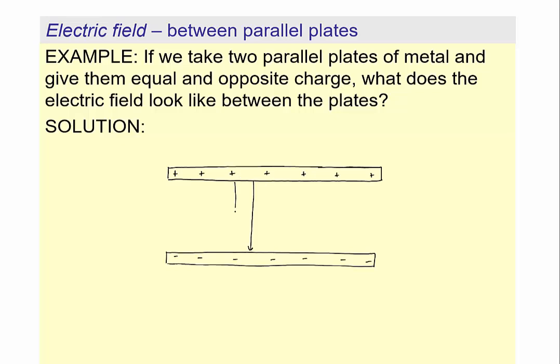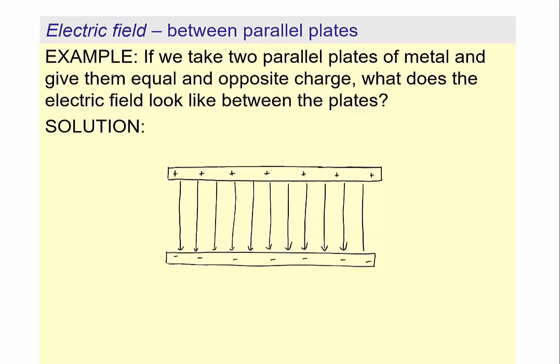If you look at the electric field directly in the middle between two parallel plates, you'll find that it's a uniform field, so those field lines are evenly spaced, and they're all heading directly perpendicular to the plane of the plate.